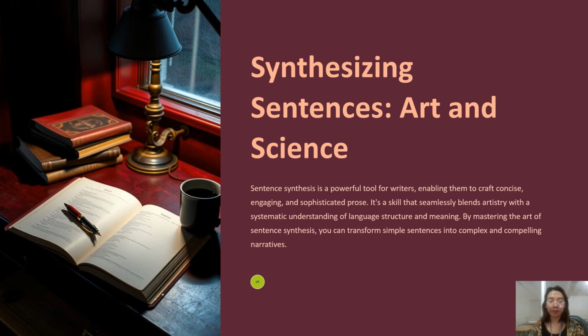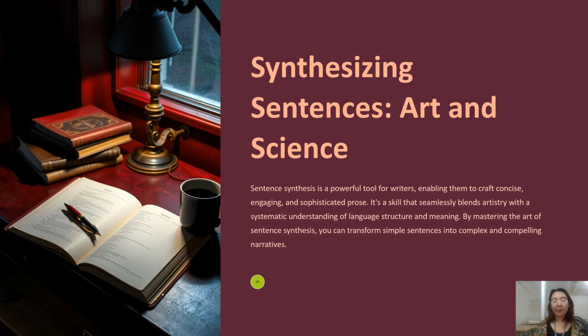So art expresses creativity and emotions, while science uses logic in order to explain the natural world. But both help us to understand life in different ways. So this shows the meaning of both art and science in one clear statement, no?